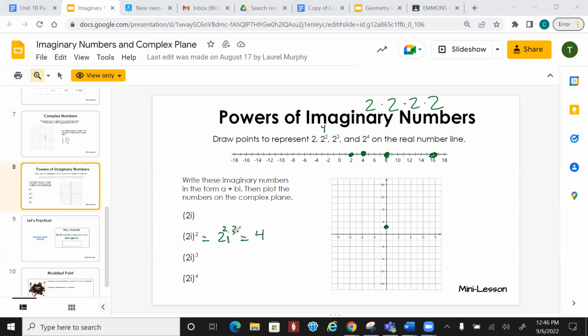And we know what i squared is from earlier. What is i squared? I squared equals -1. So it's like plugging in a -1 here. So what's 4 times -1? -4. So we're going to plot that, and it's going to go right here.